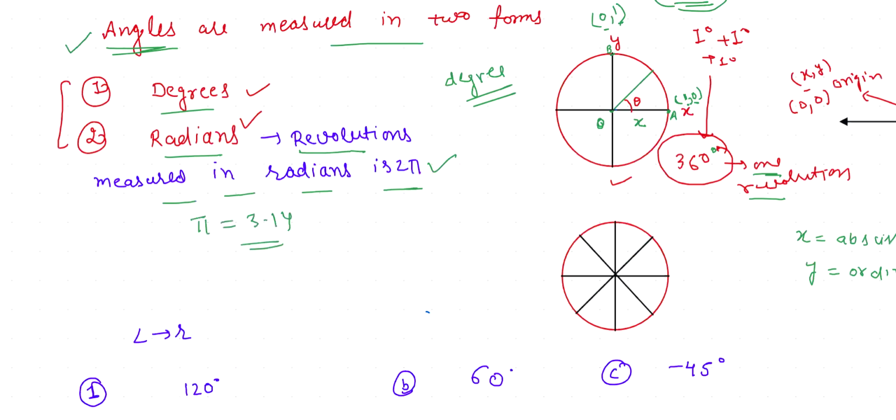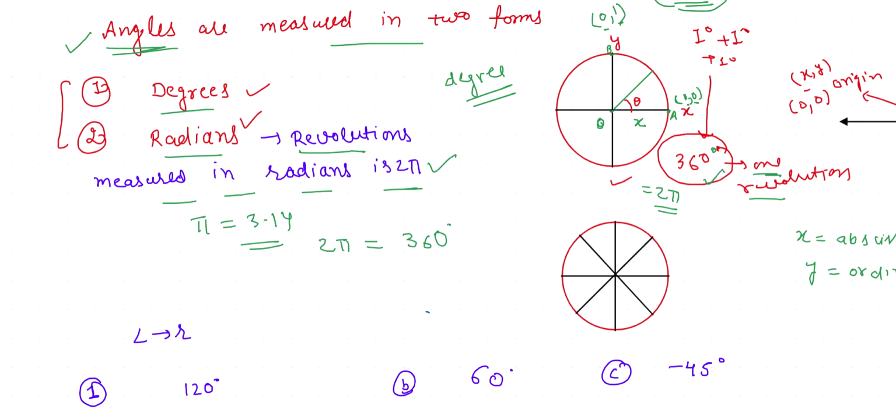This holds one revolution, which is equal to 2 pi. Clear? Okay. The whole circle, one revolution, is equal to 360 degrees, and this is also equal to 2 pi.